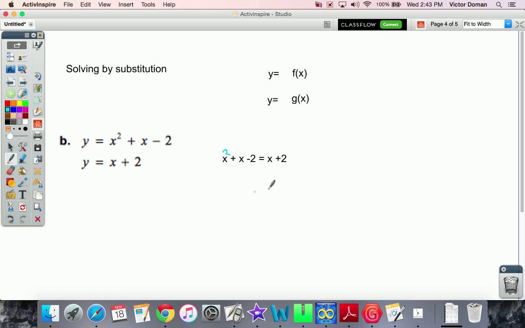Perfect. So now I have an equation that's set up. If I look at this, I'll notice I've got two sides of the equation, with some like terms on one side. What I can do is work to make this into standard form just by subtracting x, subtracting 2 from the left side of the equation, and doing the exact same thing on the right.